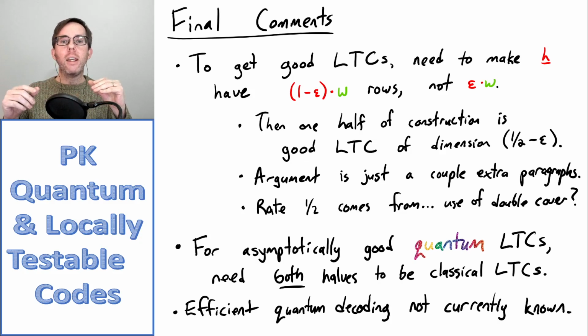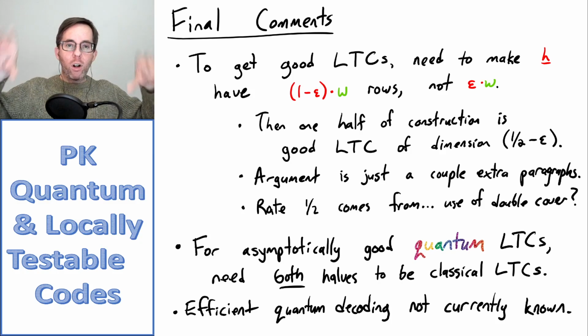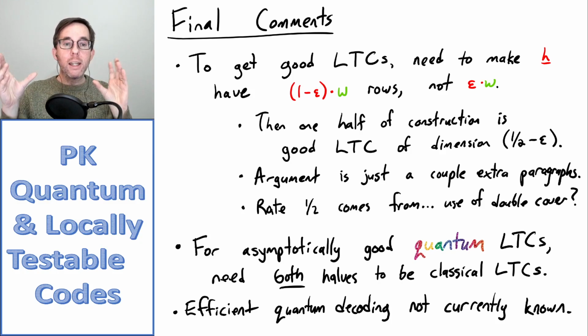So instead of taking H and H underline to both have some small epsilon times W many rows, you need to make one of them have 1 minus epsilon times W rows, and the other one have epsilon W rows. And then once you do this, half of the overall quantum LDPC code is your asymptotically good LTC of dimension close to a half.